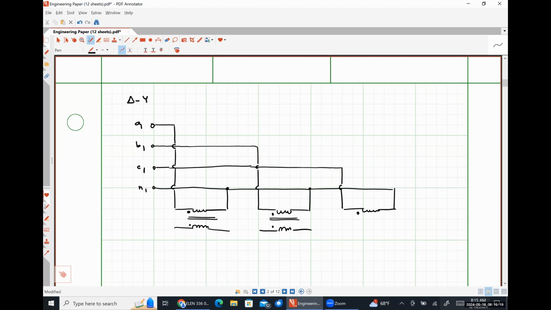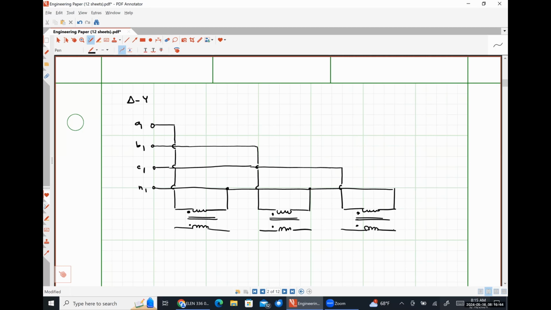So hopefully we can all see that what I've drawn to this point is a Y-connected set of coils. I have a coil between A and neutral, B and neutral, and C and neutral. And on the other side of things, now I've got to draw a delta connected.